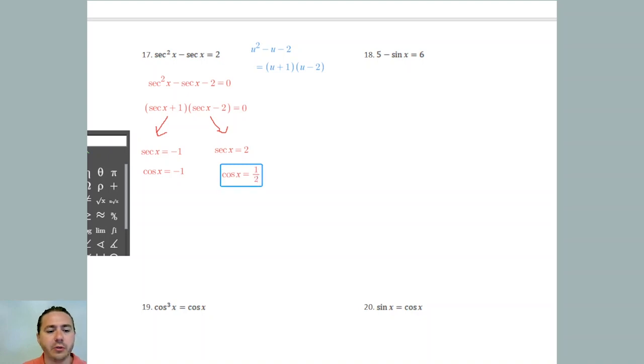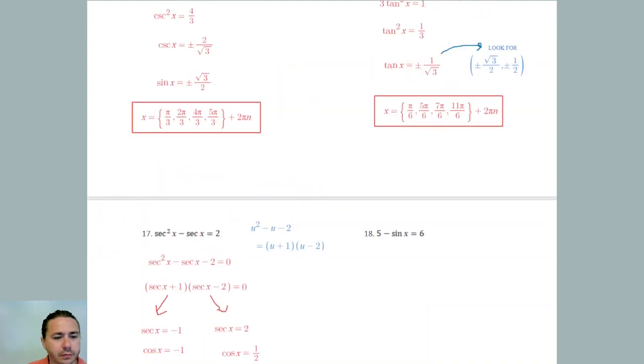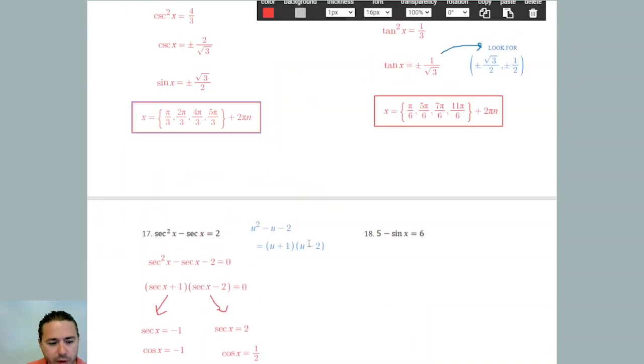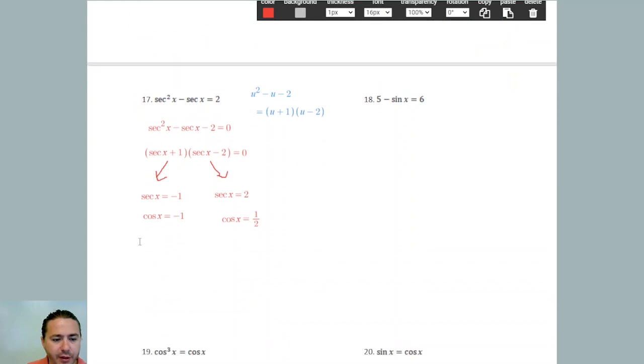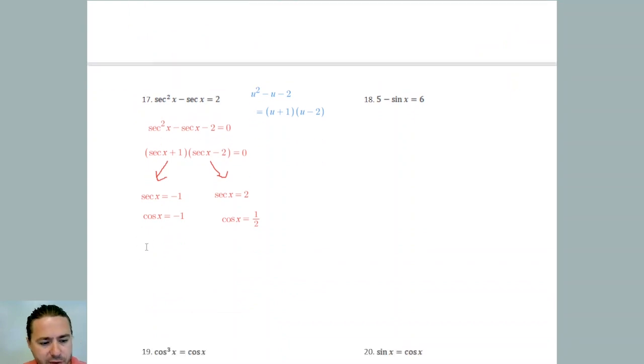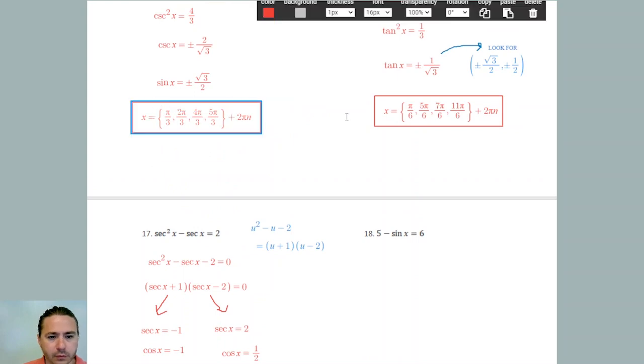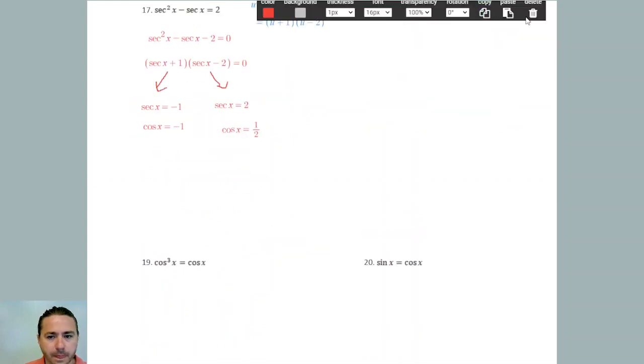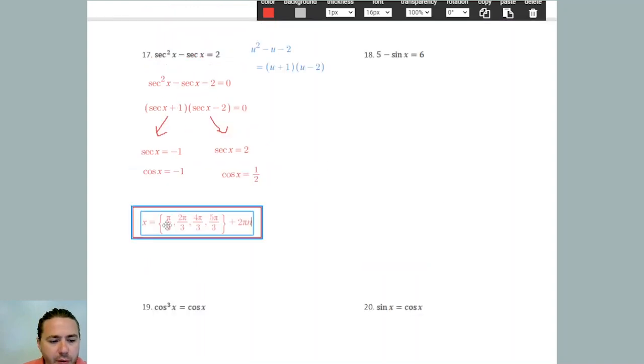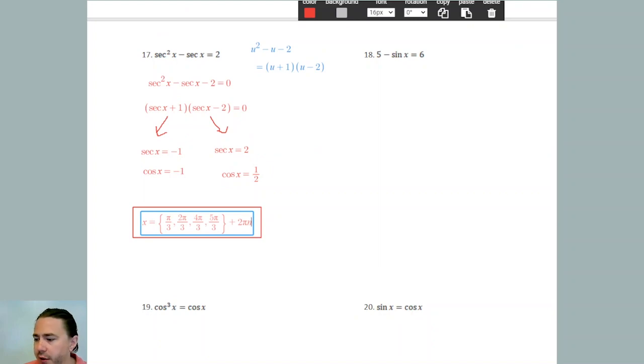So we're looking around the unit circle for any time cosine is -1 or 1/2. I think we're only going to get 3 solutions on the unit circle. Okay. So the first one, let's bring it on up.